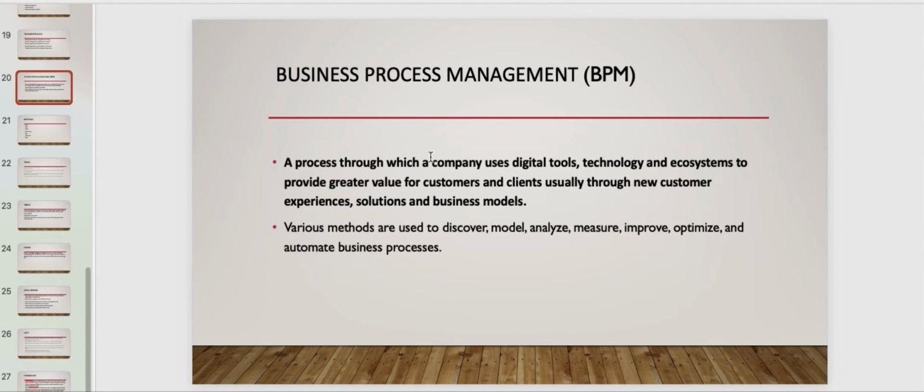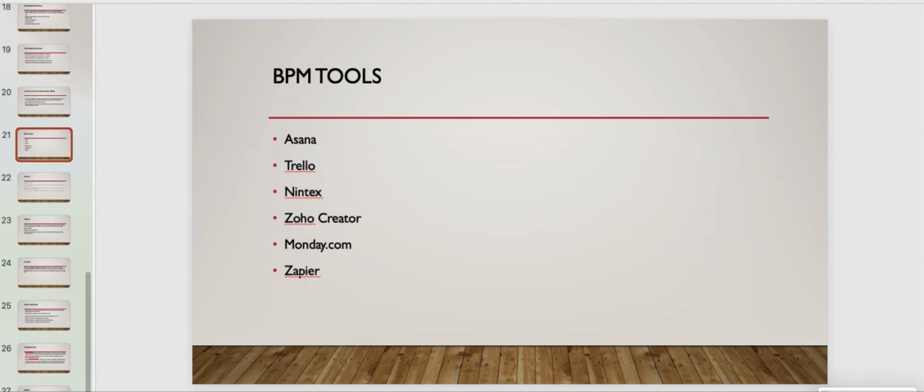So that's it. The different business process management tools we have are Asana, Trello, Nintex, Zoho Creator, Monday.com, Zapier. There are several other ones, but I've picked those ones to talk about for the purpose of this class.